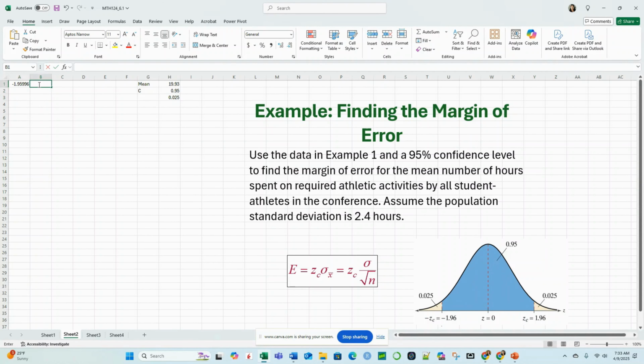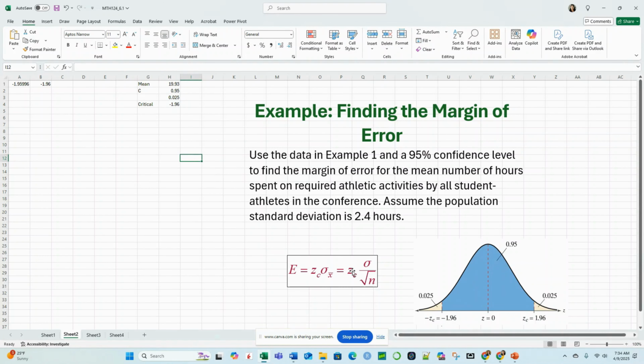You can round this value to the second decimal. That means negative 1.96. This is our critical value corresponding to the 95% confidence. I will type here negative 1.96.